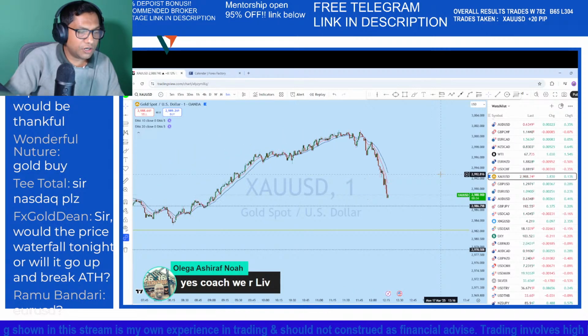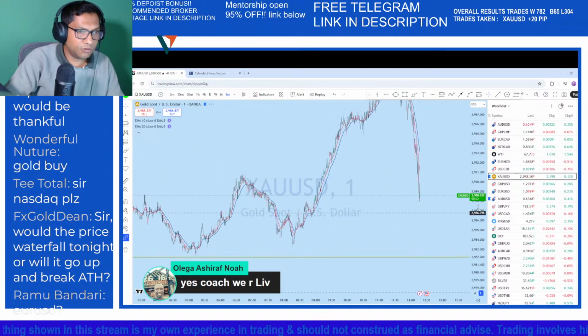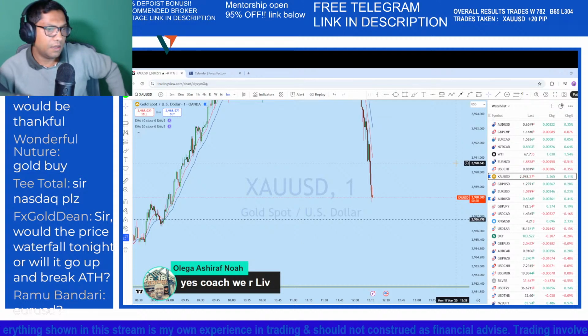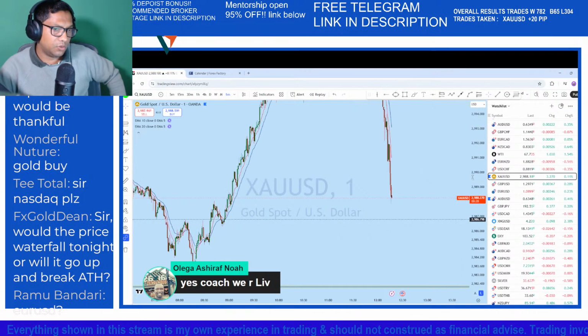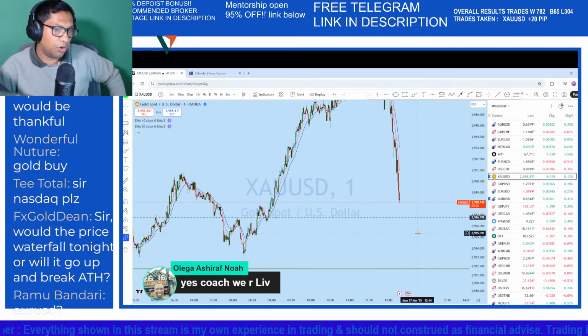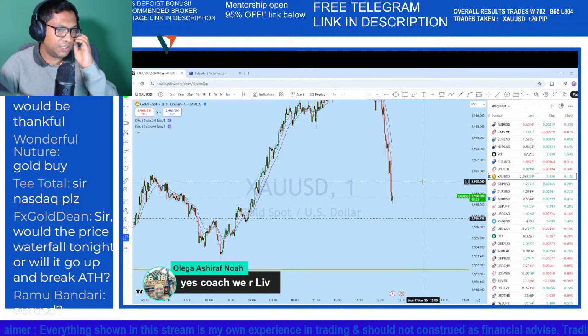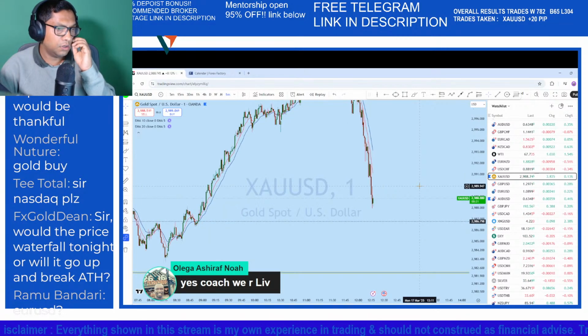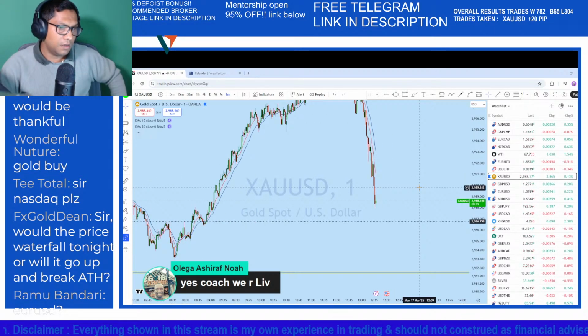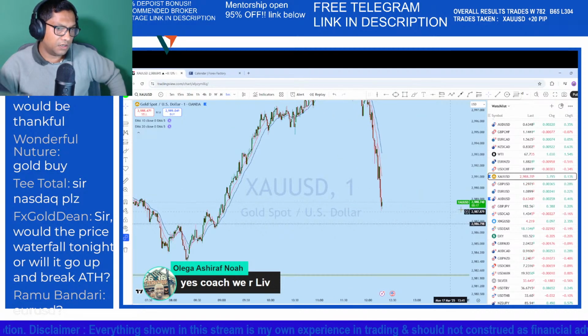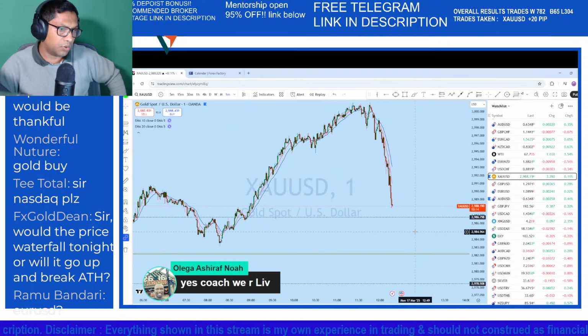So bearish pressure, strong drop here on the lower time frame, and with that drop, we can expect the market to potentially come further downside here to that support level.